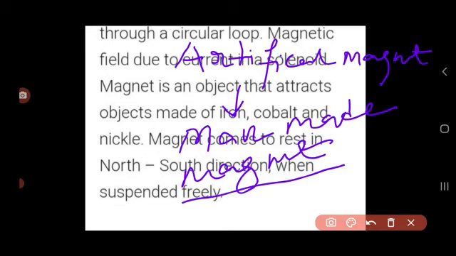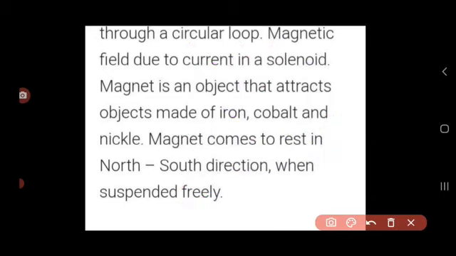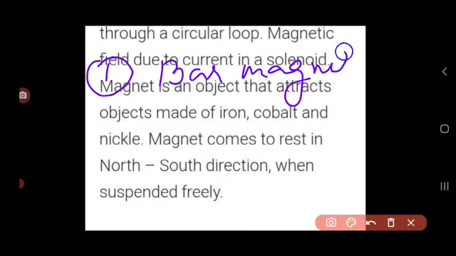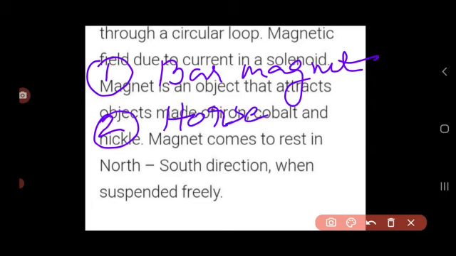These are the various types of artificial magnet: bar magnet, horseshoe magnet, and electromagnet. The bar magnet will be like this shape. This magnet is called bar magnet.